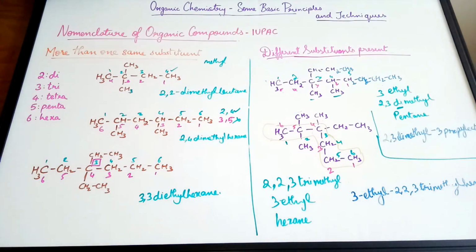So to ensure the alphabetical order is maintained, we have changed it in such a way that alphabetically the substituents are written down in the IUPAC name. So when more than one substituent of the same type is present, then we are using prefixes like di, tri, tetra, penta and hexa. And when there are different substituents present, we are first numbering them, and then we'll be writing them in the alphabetical order.